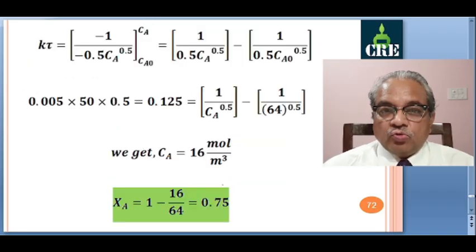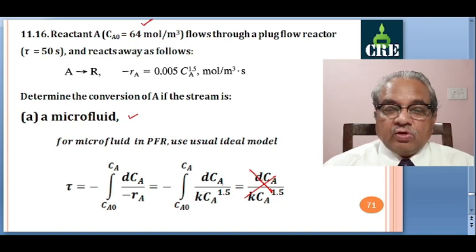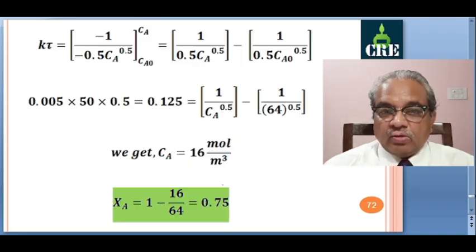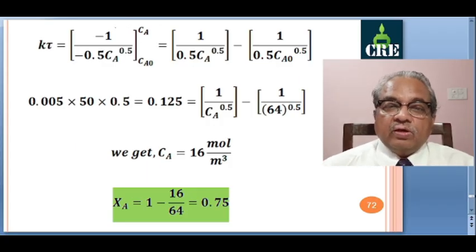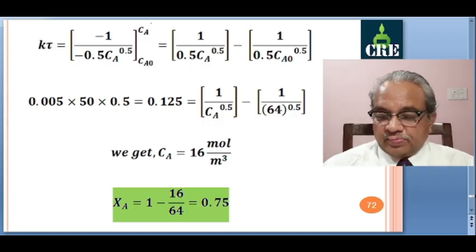K value is known. If you solve this, K constant you take outside: K tau equals integral of dCA by Ca raised to 1.5 from Ca0 to Ca, with the minus sign outside. So you get minus 1 upon minus 0.5 Ca raised to 0.5, from Ca0 to Ca.